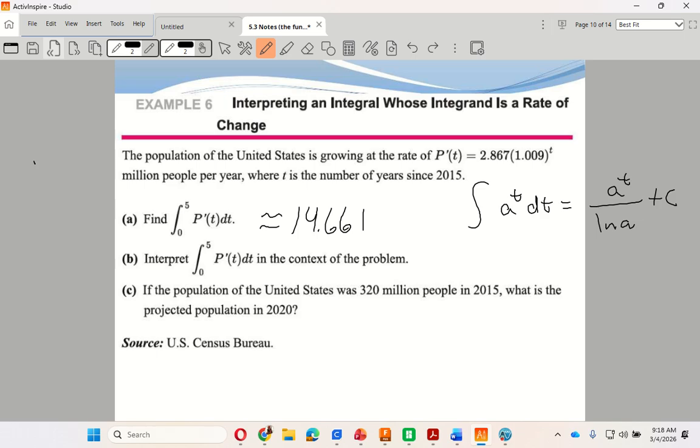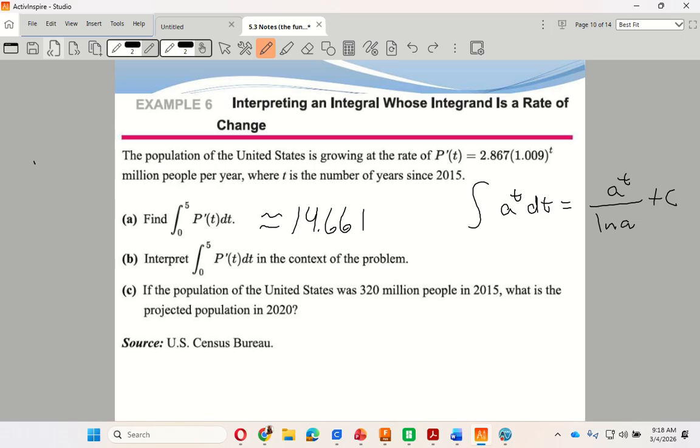It has been 14.6 years since... it grows at a rate of 14.6 million people a year. It's not the rate. Remember, this function gives me the rate because this is the derivative, right?